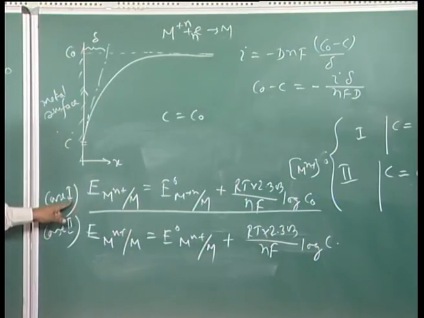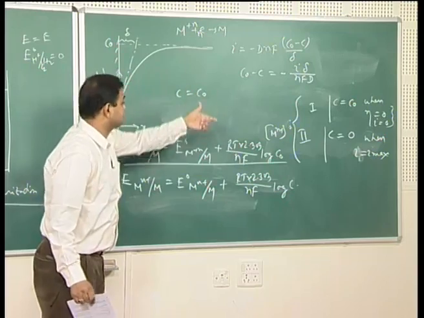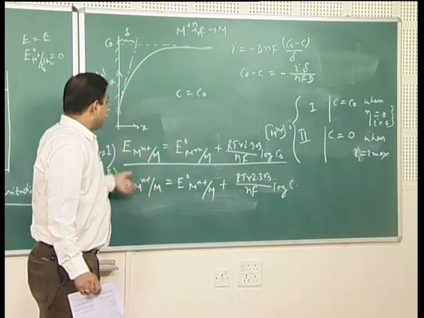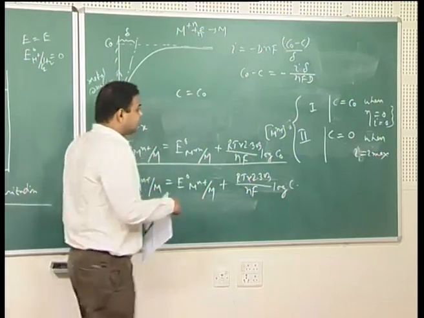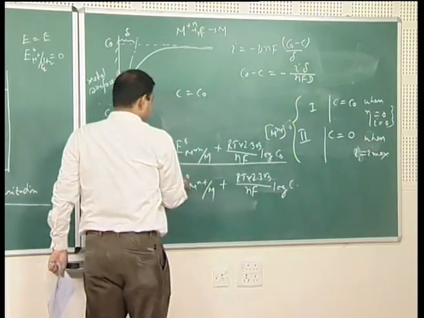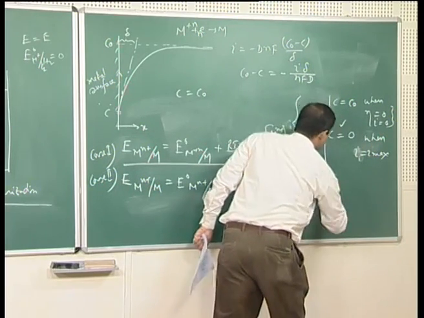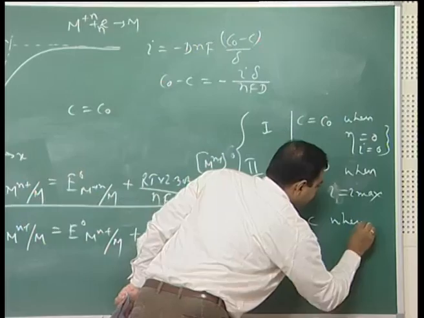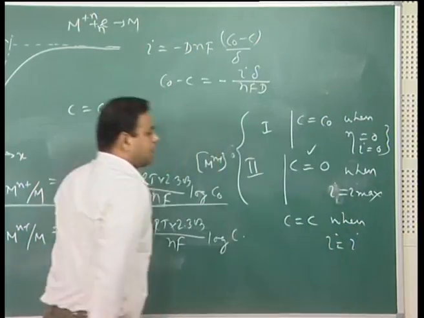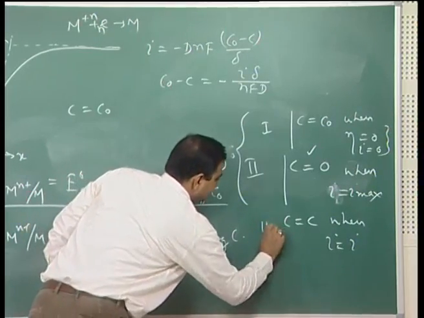That means case 1 is when I equals 0, at this interface my concentration would be C0, and when I has some value or I max, that time C would be some value. In this case C equals 0 when I equals some value. So, let me consider this is the third case.